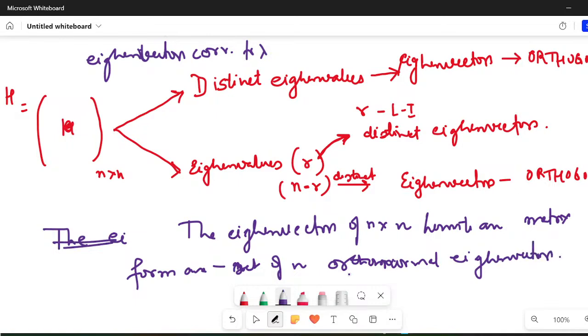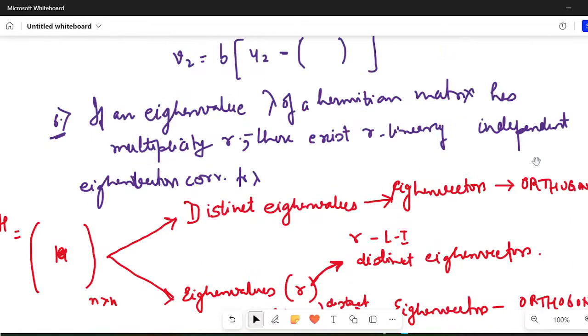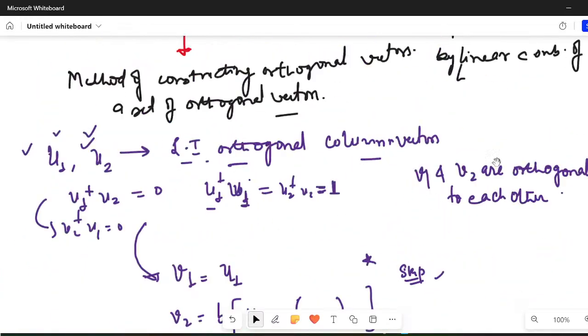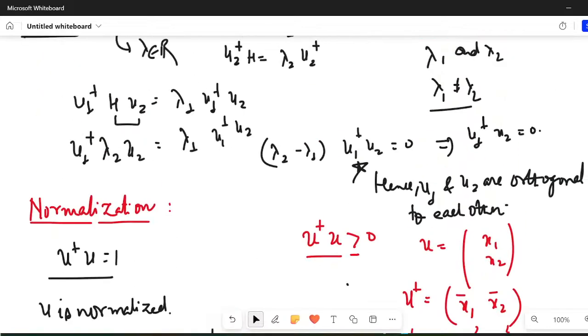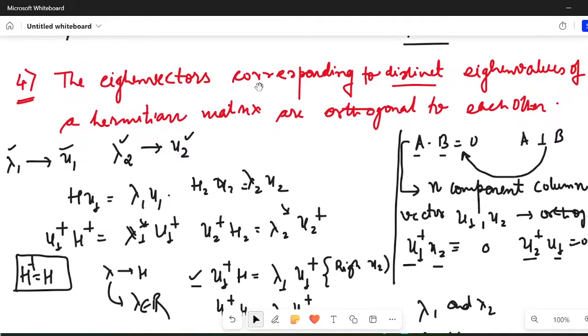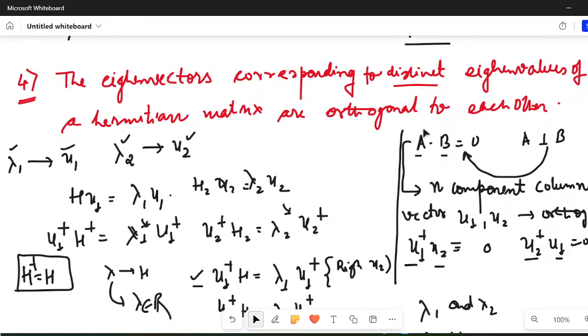See, what did I write before this Gram-Schmidt orthogonalization? The first thing that I wrote was that the eigenvectors corresponding to the distinct eigenvalues of a Hermitian matrix are orthogonal to each other. So if the eigenvalues are distinct, then the eigenvectors are orthogonal to each other. Okay.